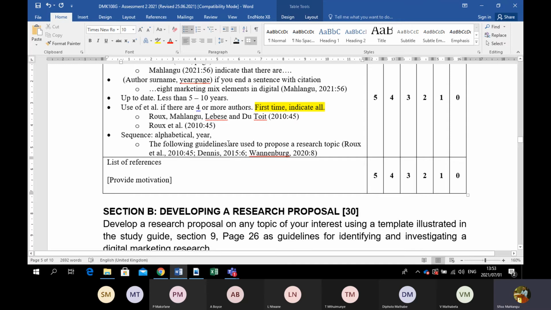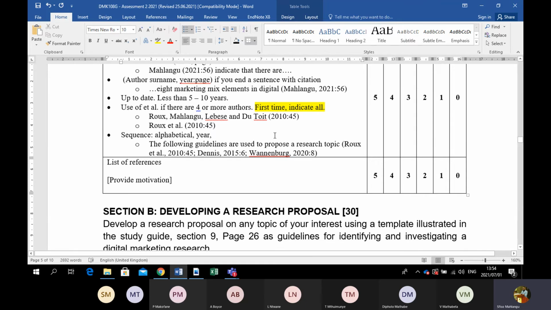For example, what we see here, I think it's by year, although I did it randomly. 2010 came first, followed by 2015, followed by 2020. If it was alphabetical, Dennis will come first, followed by Roux, followed by Wanenberg. So depending on what it says, by year, it could be ascending or descending, meaning the newest year comes first.